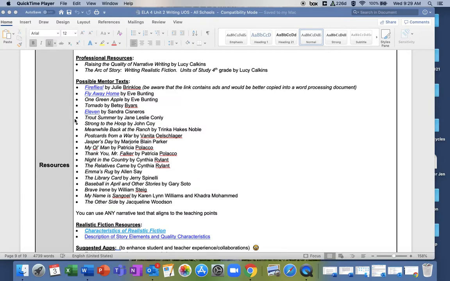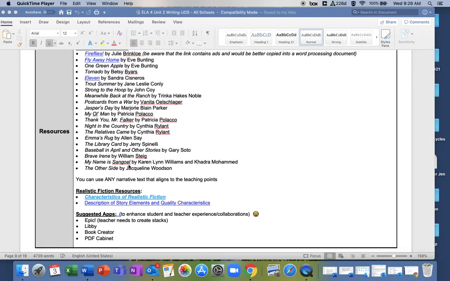Now, if we think back to Matt Glover, he suggests that we have at least 4 strong mentor texts that will support what we're asking students to create or do within this writing unit. Now, these are the published mentor texts, but as we know with Matt Glover, he also suggests that we have samples of student work, so student samples of their writing.